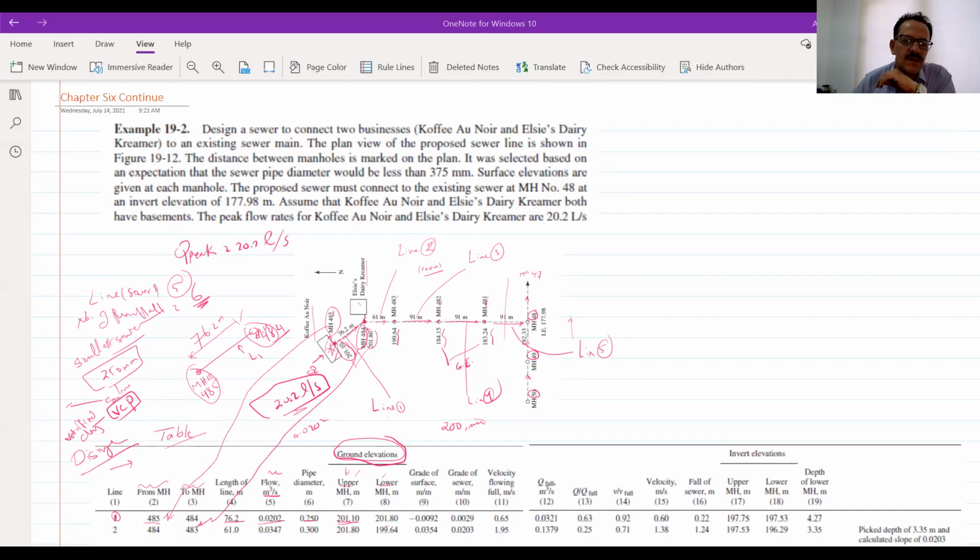So you have to have the minimum slope of the sewer like this. Now back to the columns, the column of the design that we have. Where is it?